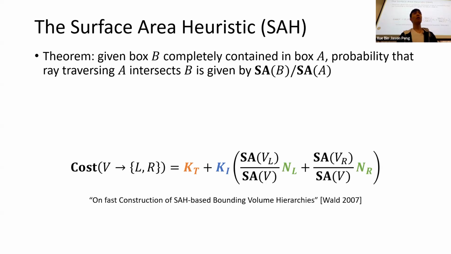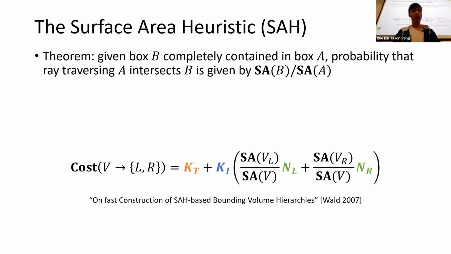In the second term, we have a constant value, K_I. This represents the cost of performing an intersection test against all of the objects that are contained inside the bounding volume. So let's say inside our bounding volume we have a bunch of triangle meshes. K_I might represent the cost of performing a ray intersection test against a triangle.